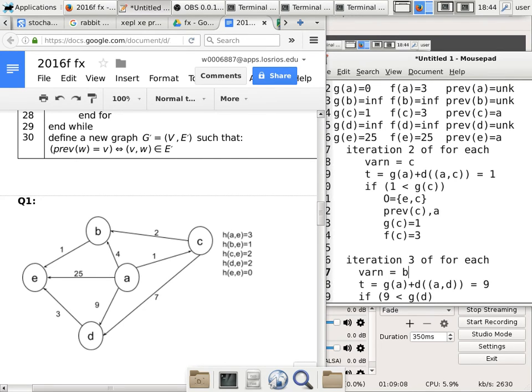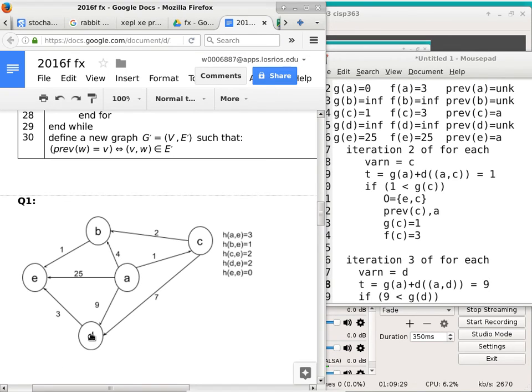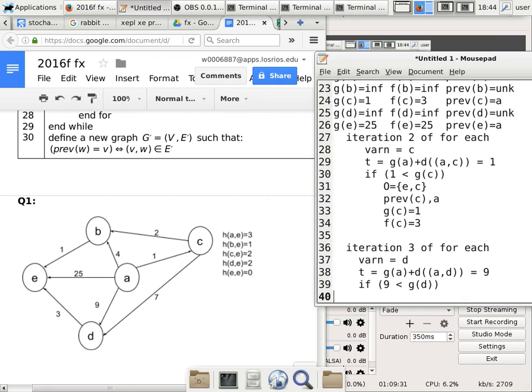B is fine. Okay, let's change this to D. We already started. So we're choosing D to be the one explored. So now this is actually 4, but it's okay, not 9 is fine. Never mind, because we are looking down here. Okay, so that's good.